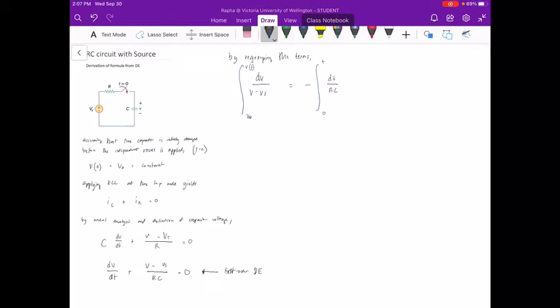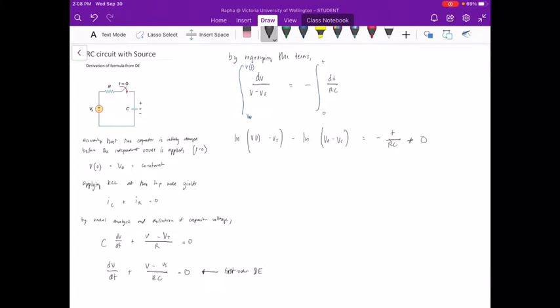This integration will yield ln(V(t) minus Vs) minus ln(V0 minus Vs) is equal to negative t over RC plus 0, because that's our initial value.